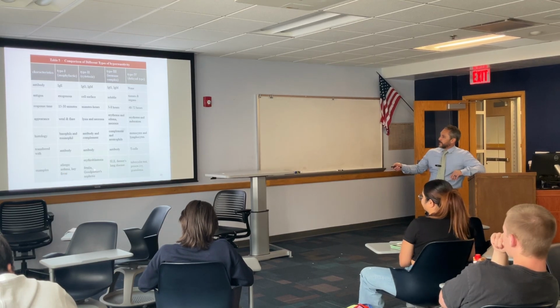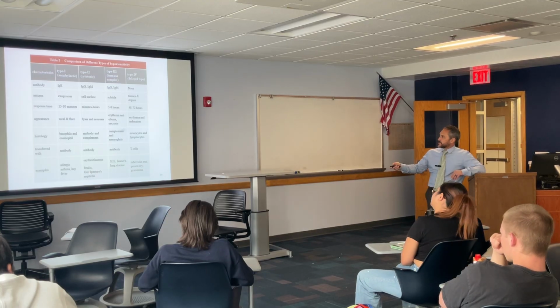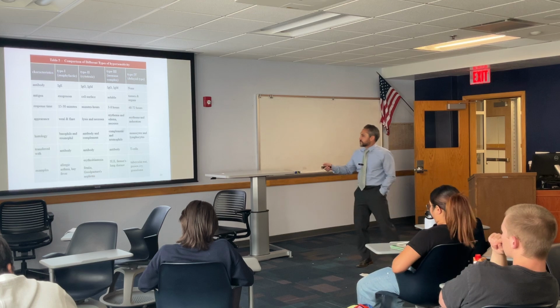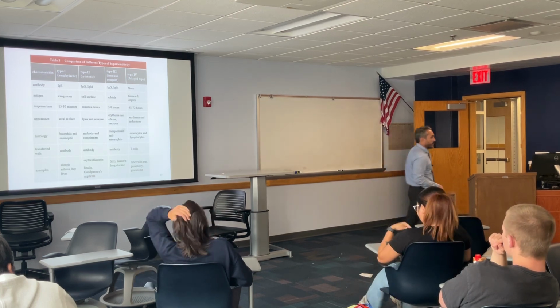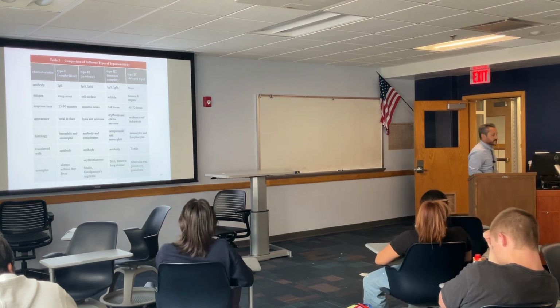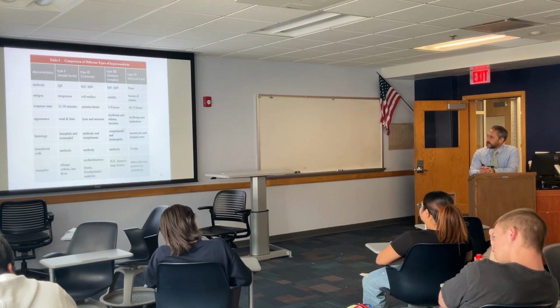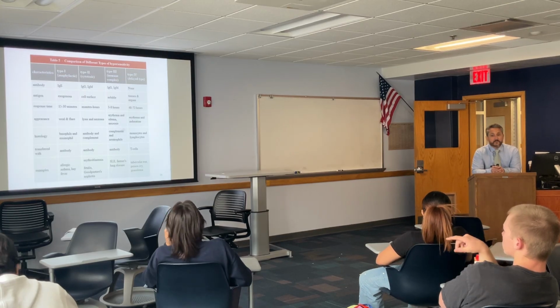If you look at type 2, some additional examples like Goodpasture's nephritis, which is a glomerular disease of the kidney. We also talked about type 2s being, what are some of the examples of type 2s that we gave in class?